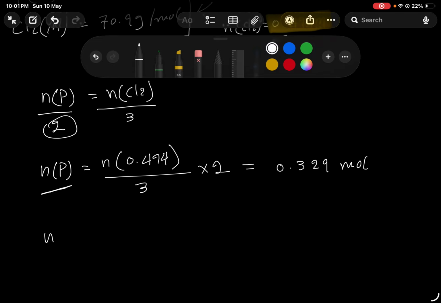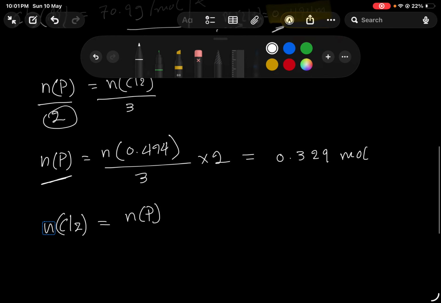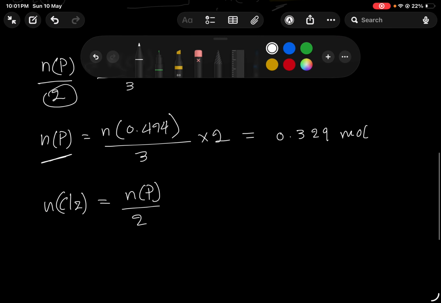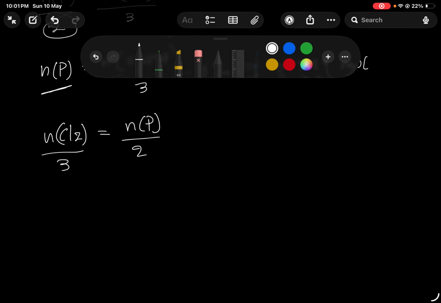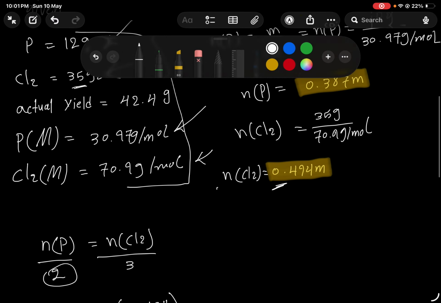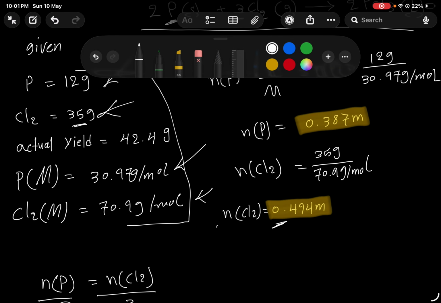So n of Cl2 is equal to n of P, each divided by their coefficient, and instead of n of P we're just going to use its mole. The mole of P is 0.387.